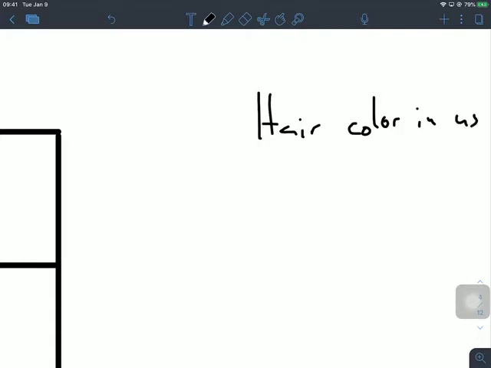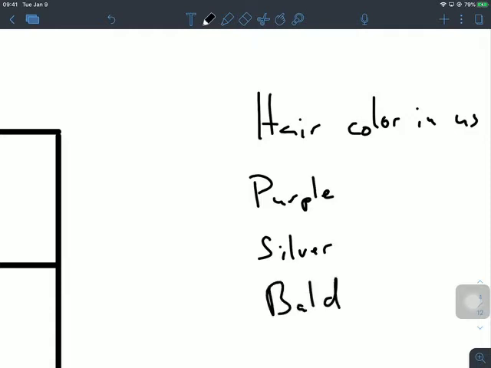We are going to be looking at, and this is a completely made up example, so there's no real genetics underlying this, but we'll be looking at purple hair, gray hair, or to be distinct here, I should do silver, and then bald, or the inability to grow hair.